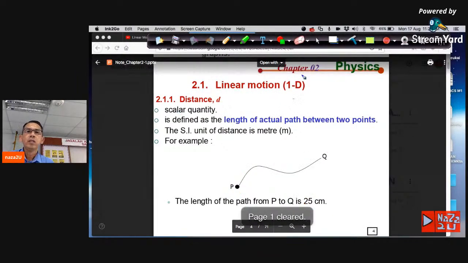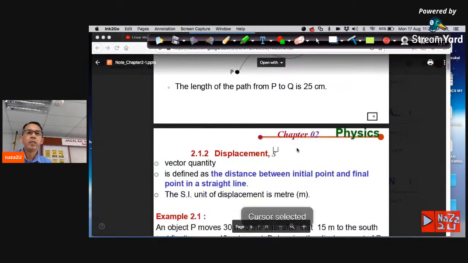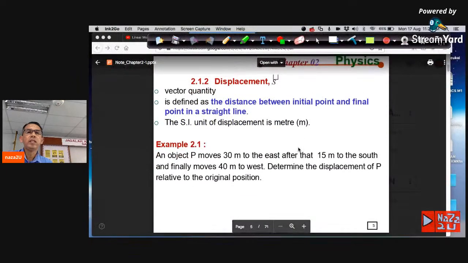Next, we go to the displacement. Okay, so what is a displacement? As I said earlier, distance is a scalar quantity. Displacement is a vector quantity.